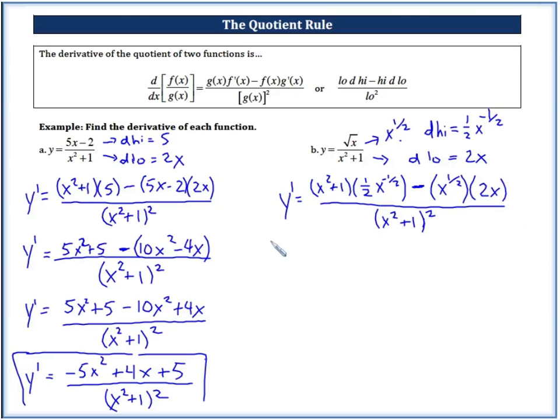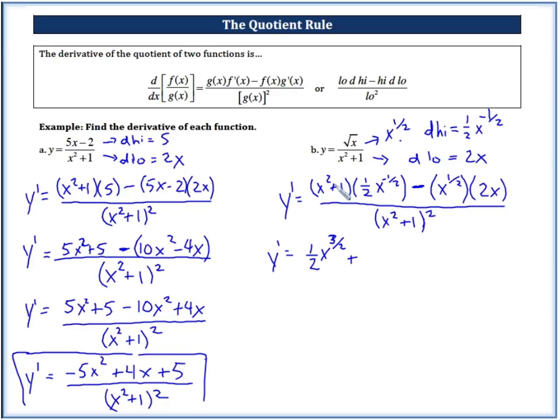Alright, now we go to work with the algebra. So we're going to have to remember how we deal with multiplying exponents and how we add them together. So in the first part, x squared times 1/2 x to the negative 1/2. So that's going to be 1/2 x to the, well, let's see, so 2 minus 1/2 is 1.5, or we can write it as 3/2.